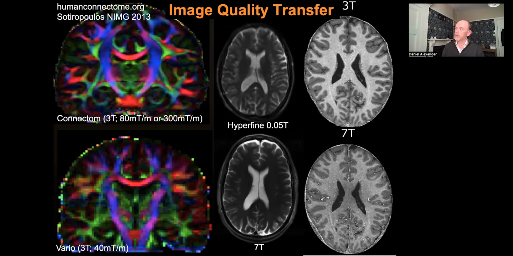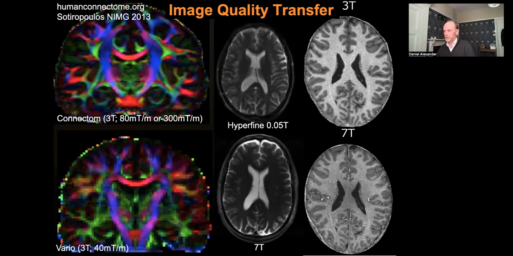But it led me to ask the question, could we, from images that we get from a standard hospital scanner, learn a mapping to estimate the image that we would have got if we'd taken that patient, shifted them to Cardiff where we installed this super scanner and imaged them on the Connectom machine?